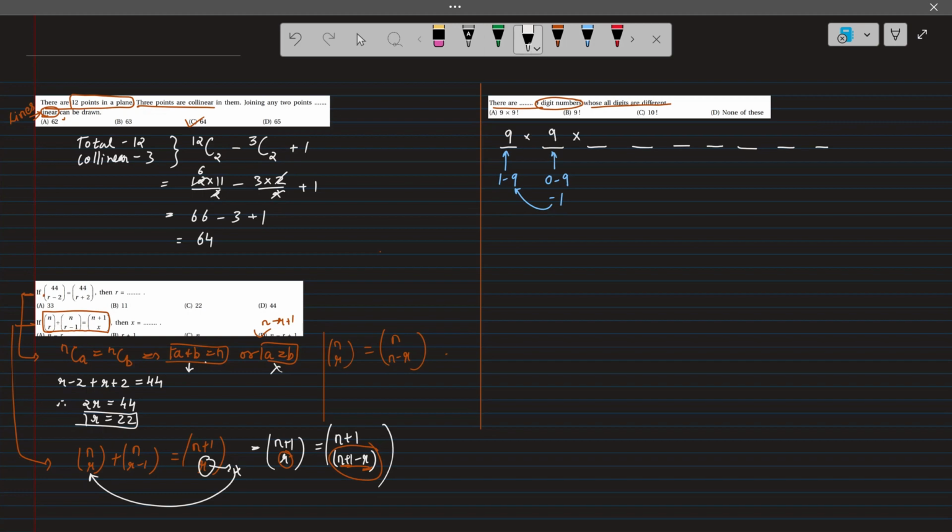Similarly, for the next place, we subtract two numbers because they are already used at the first and second place. Going by this pattern, the final answer comes out to be 9 into 9 factorial, which is given in option A.